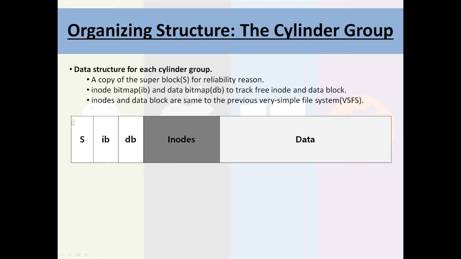If you remember, we had this data structure with our superblock, our bitmaps, our inodes, and our data. With the fast file system, we just have one of these for each group. So FFS includes all the structures you might expect a file system to have within each group, and then a way of referencing each of those groups.